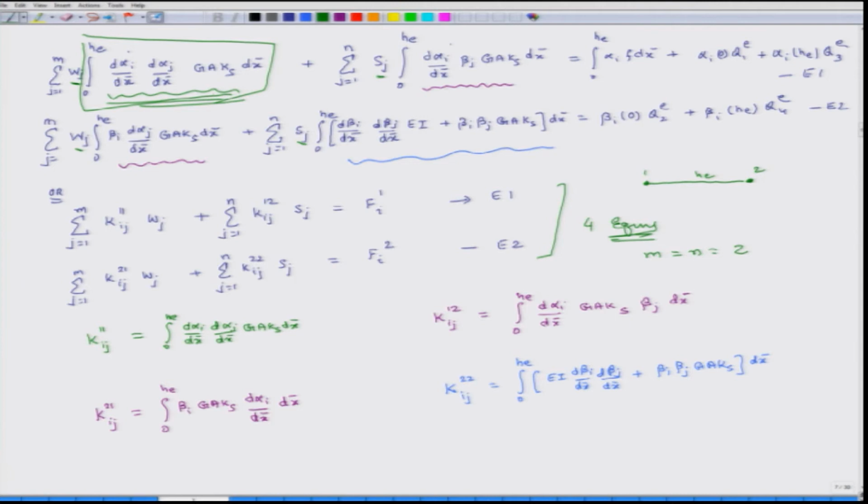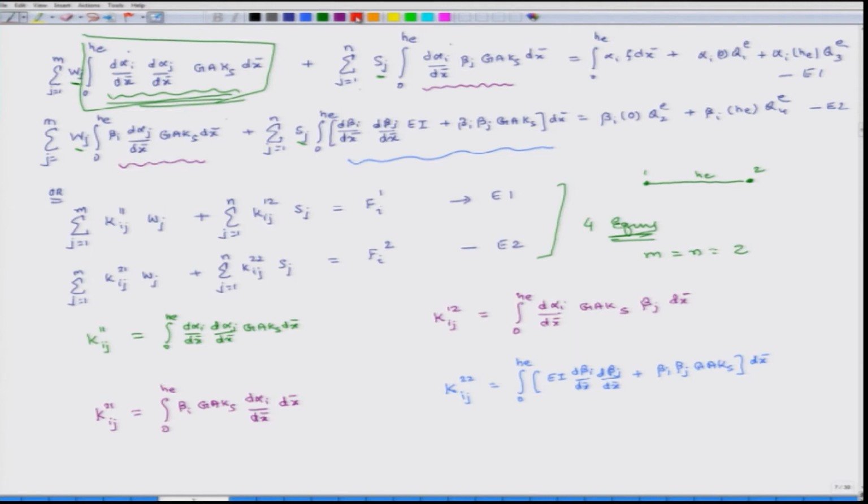The terms underlined in purple, which are K12 and K22, also do not go through reduced integration. The term underlined in light blue has two terms. The first term is d beta I over dx, d beta j over dx times Ei, and the second one is beta I beta j times Ga Ks.